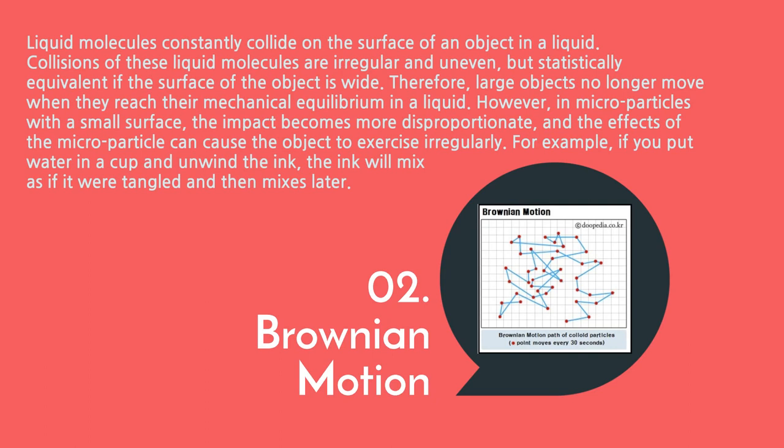However, in microparticles with a small surface, the impact becomes more disproportionate, and the effect of the microparticle can cause the object to move irregularly. For example, if you put water in a cup and unwind ink, it will mix as if it were tangled, and then mix later.